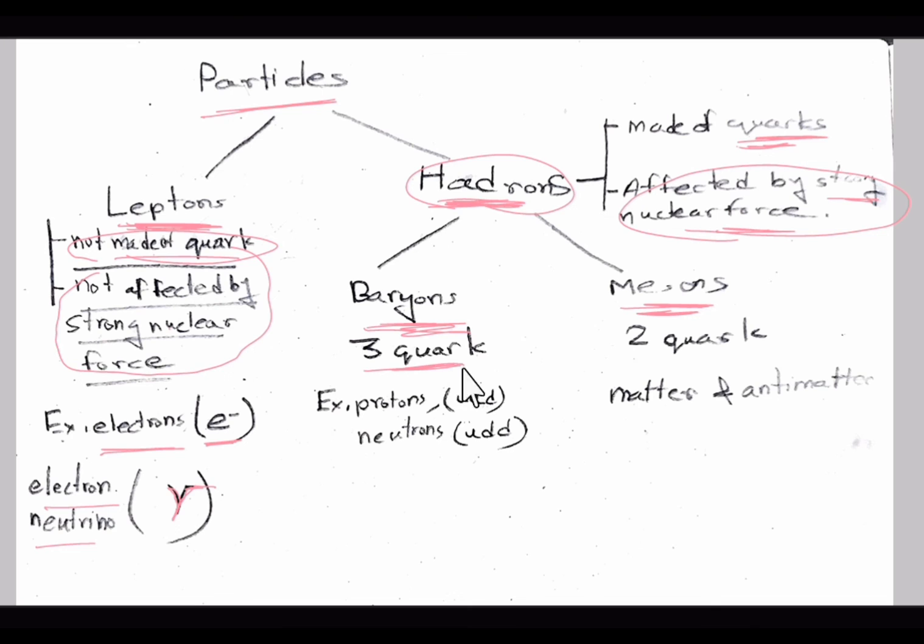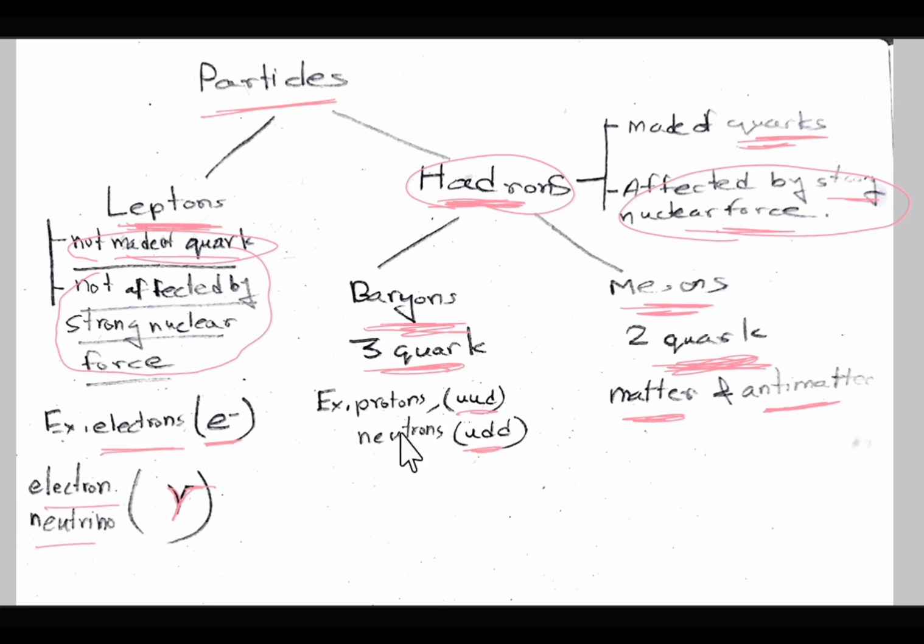Baryons are made up of 3 quarks, while mesons are made up of 2 quarks, that is matter and antimatter.